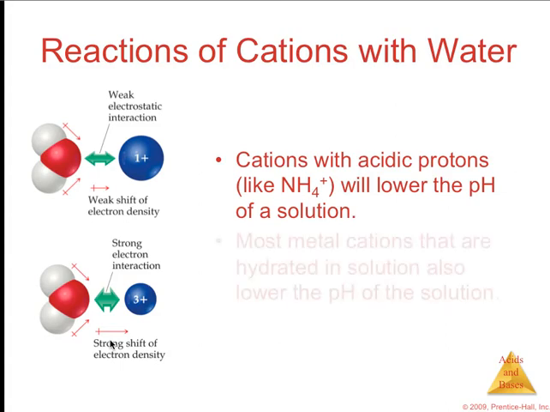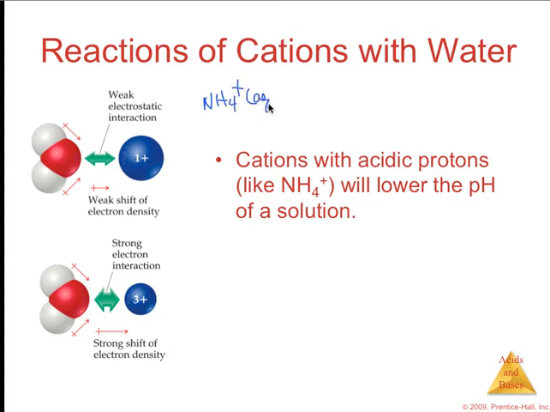If you actually would write out the equation, if I have NH4 plus the ammonium ion in water, it's going to set up that equilibrium and form ammonia and the hydronium ion. This hydronium ion is going to cause the pH to decrease of the solution.